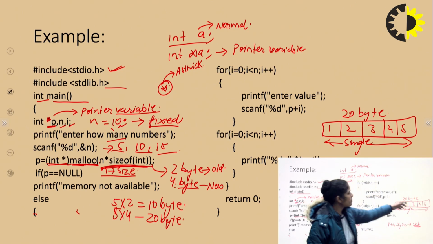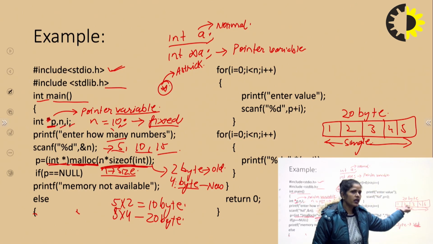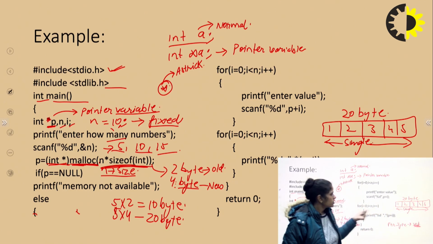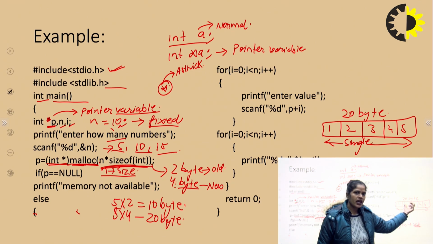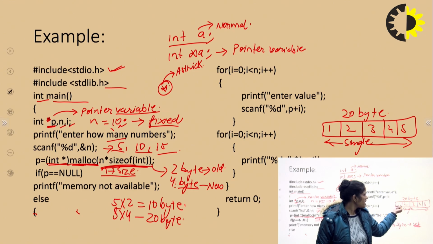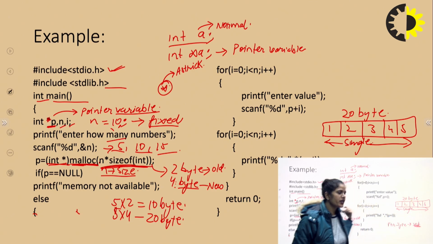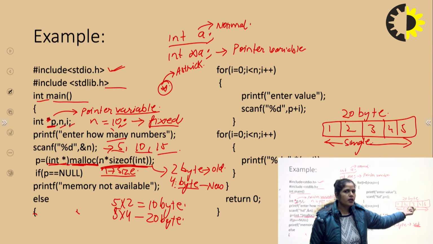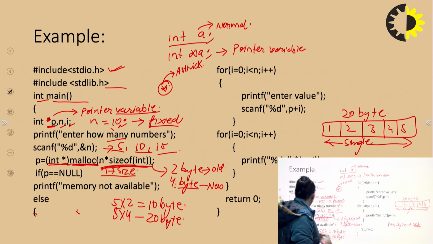We have 5 elements, the size of each element is 4 bytes, and the total memory occupied by the pointer variable p is 20 bytes. Are you getting my point? So this is the concept.